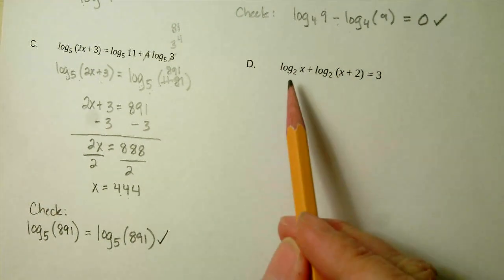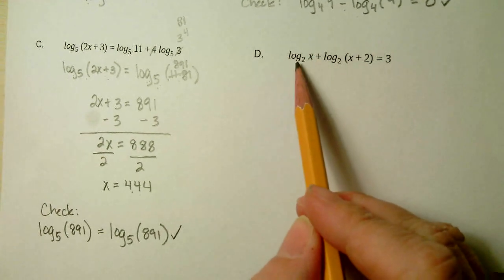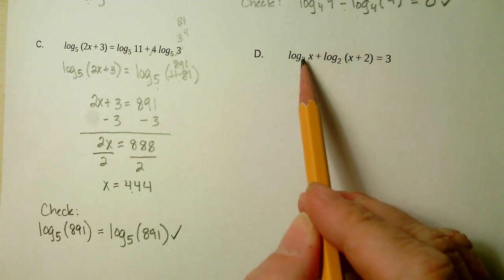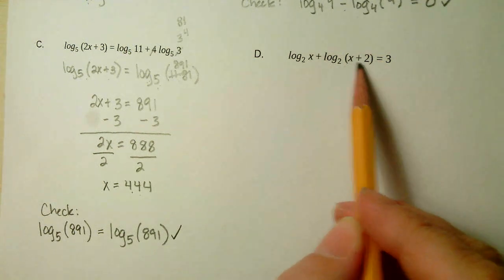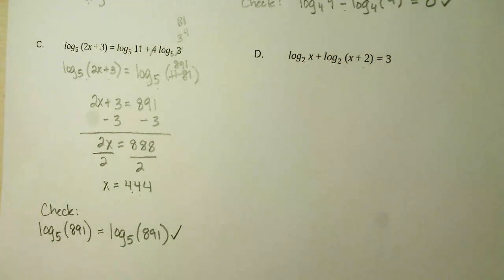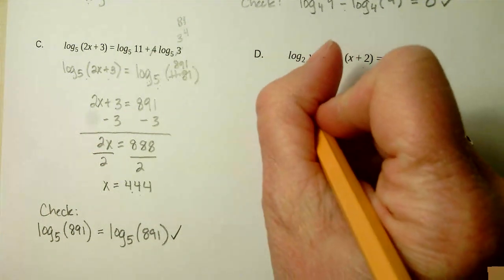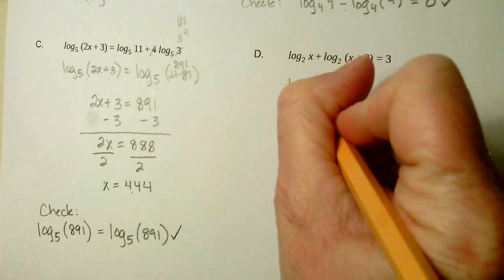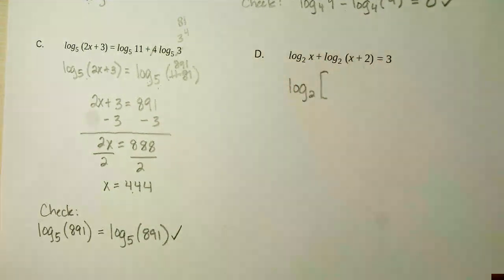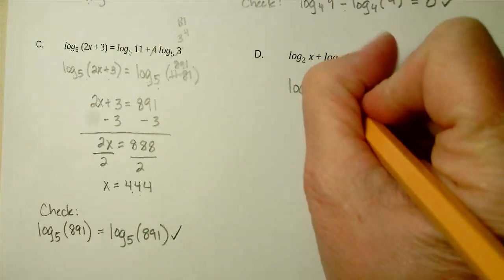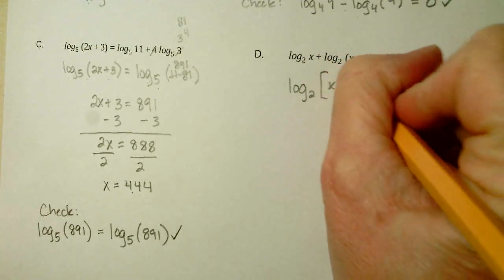So again, we have the same base, and this time we have a sum. So we're going to use the product property of logarithms. We are going to keep the base, and in the argument, we are going to multiply those two arguments.